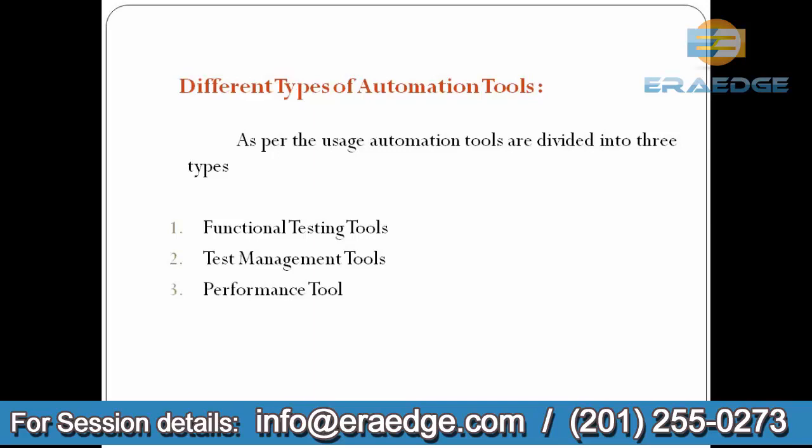Regression testing is where we execute all the test cases that we have designed with respect to the functionalities. So a functional testing tool is where we execute the functional test cases as well as the regression test cases.